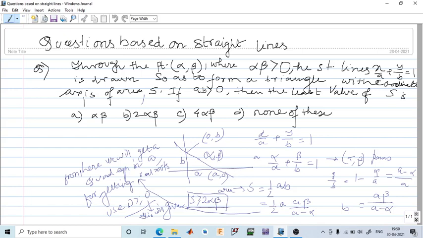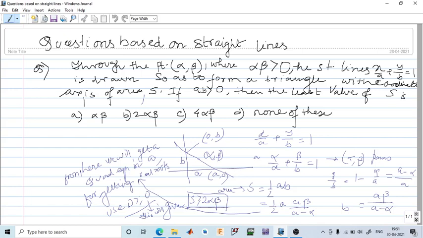Here it is given that (alpha, beta) satisfies the straight line in intercept form. So put alpha in place of x and beta in place of y, then you will get the value of b in terms of a, alpha and beta.